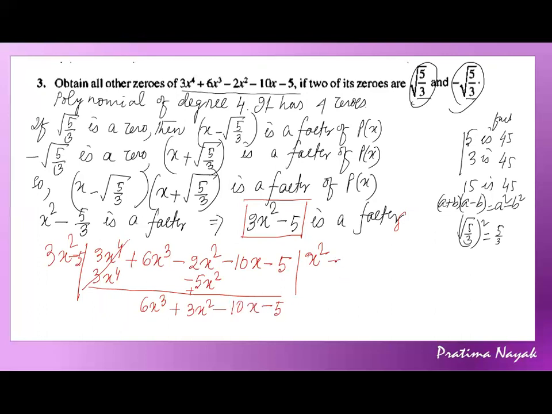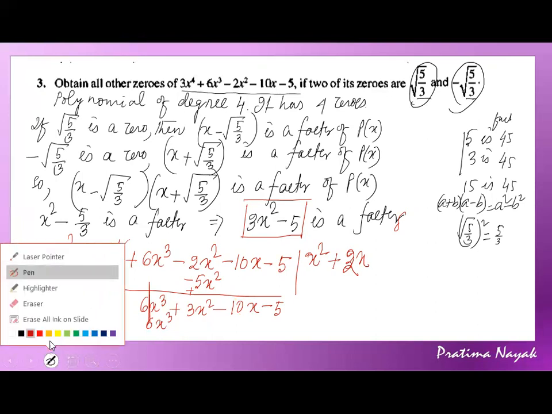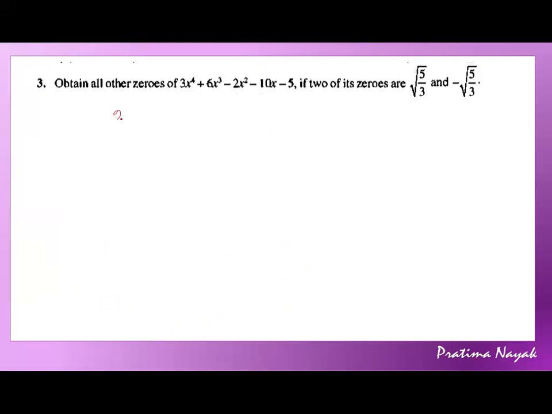Then I'll go for 3x, 6x cube, 3x into, sorry, it will be 2x. Okay, I'm doing this again. I'm doing the division clearly. So I got the factor 3x square minus 5.